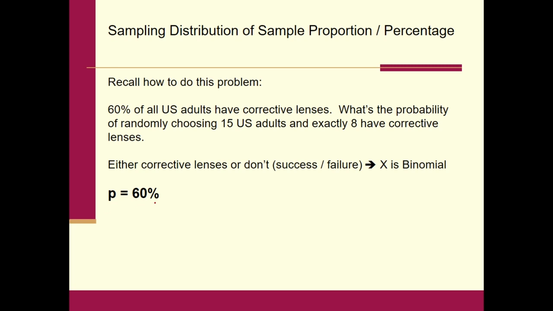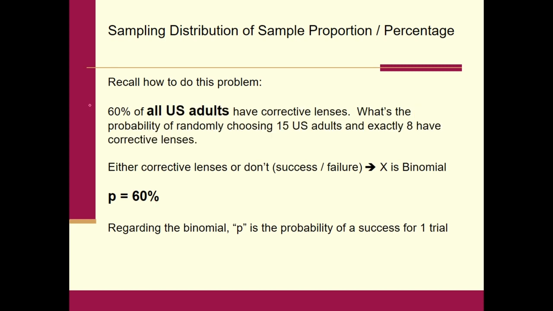Now, why could we do that? Why did we do that here, all right? And so, regarding the binomial, P is the probability of success for one trial, okay? And I think everybody probably can do that, okay? All right, so I want you to focus in on something else now. Notice here I said 60% of all U.S. adults.